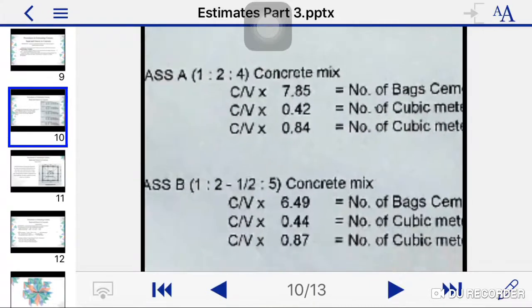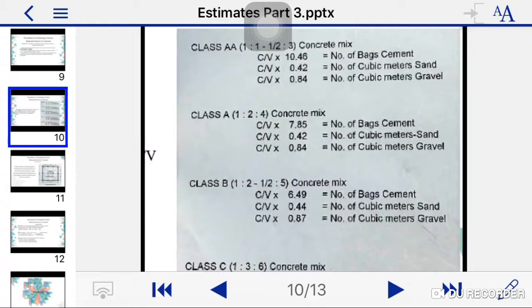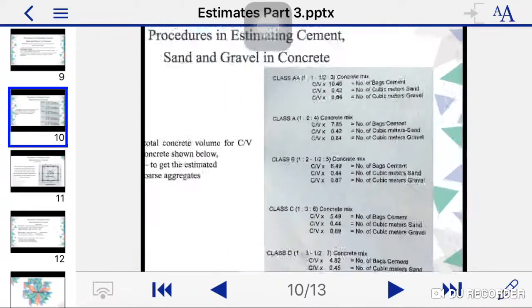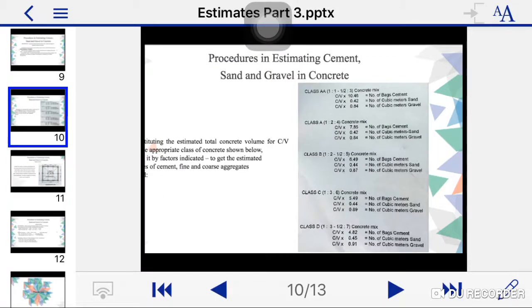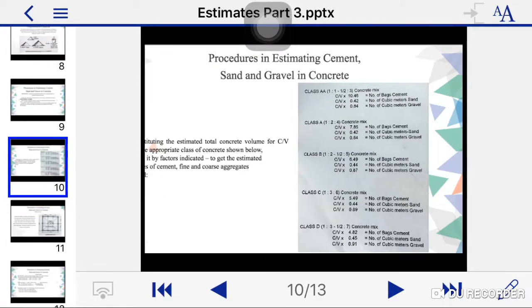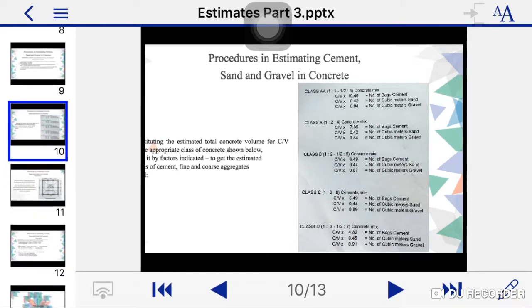As you can see, 0.42, so we will multiply it by 0.42 to determine the total volume of the sand, and likewise for the gravel. We can also determine the number of cubic meters for the gravel by multiplying the factor by the total concrete volume. That's all for materials in concrete and the procedures in estimating cement, sand, and gravel in concrete.